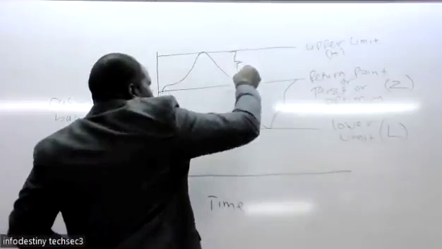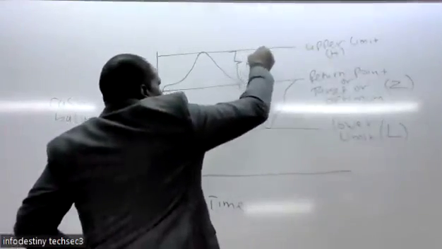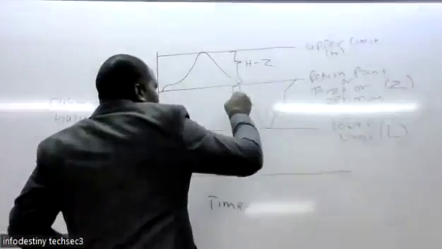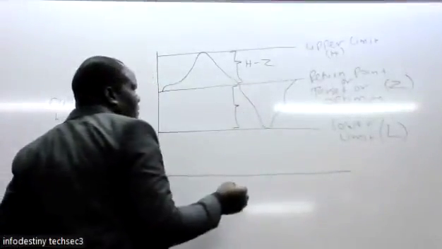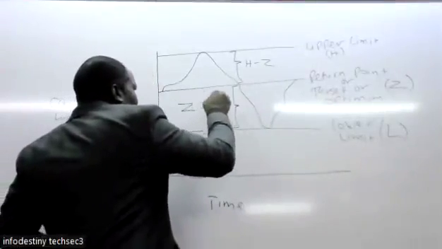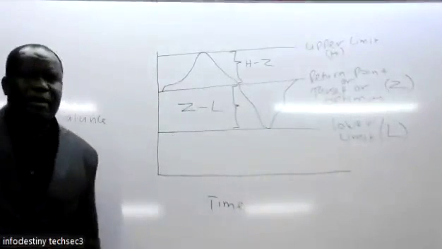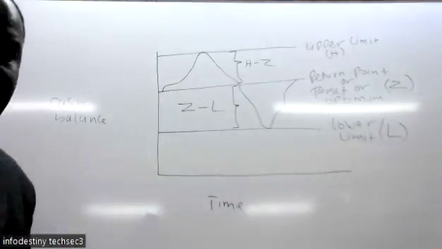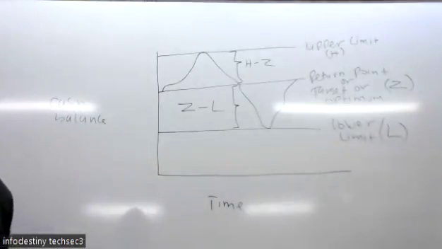This region we refer to as H minus Z. Then this one is meant to be Z minus L. So that should be how it should be summarized. That was meant to be the diagram.